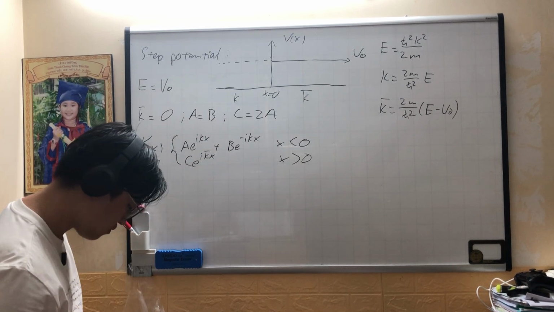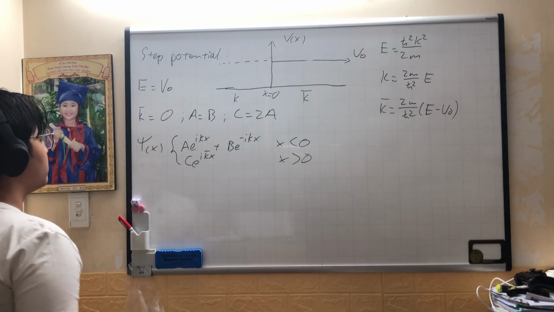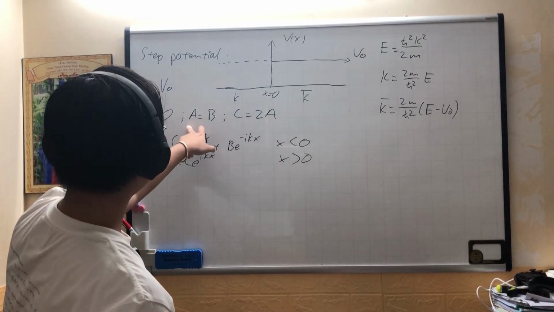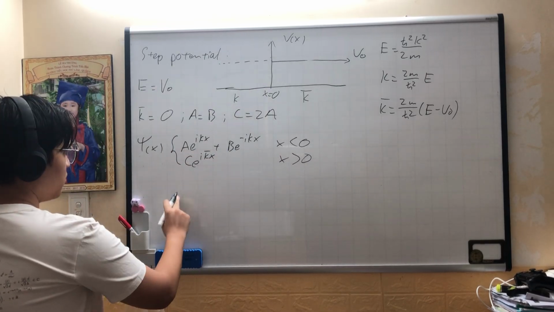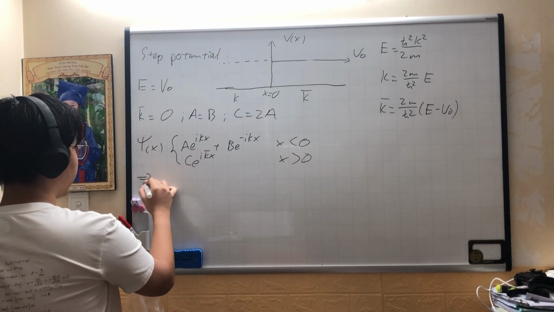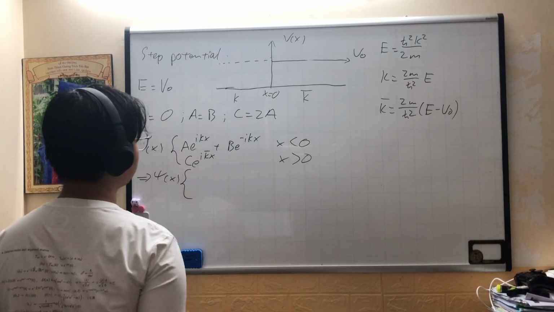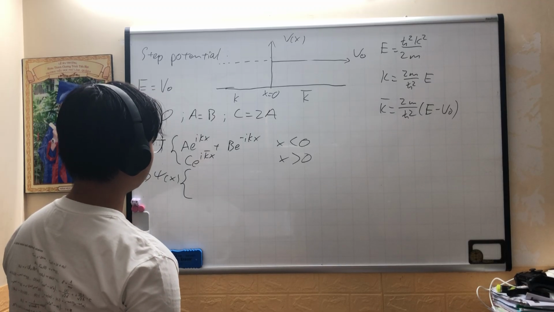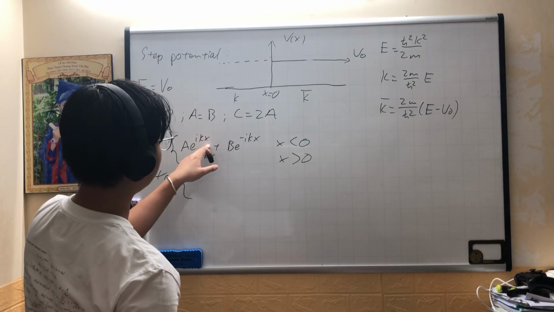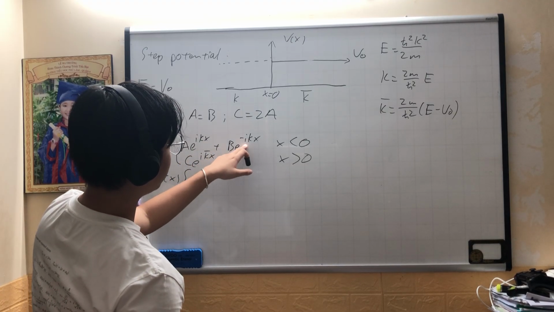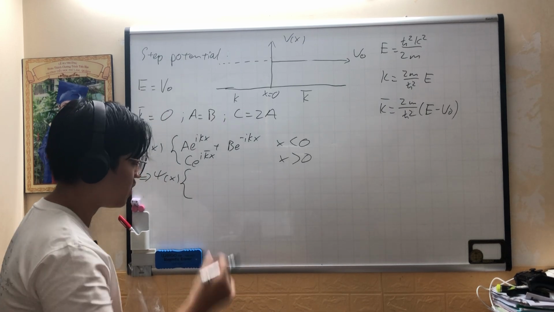With A equal to B and C equal to 2A, you substitute into psi of x up here. You remember e to the i alpha plus e to the minus i alpha gives you 2 cosine alpha.